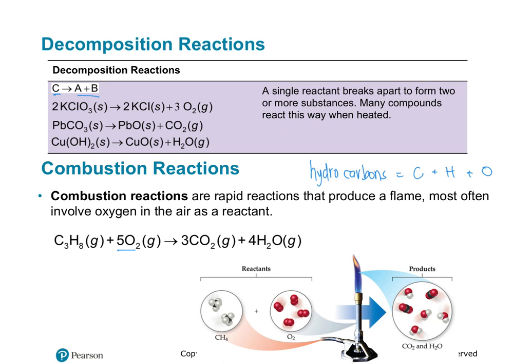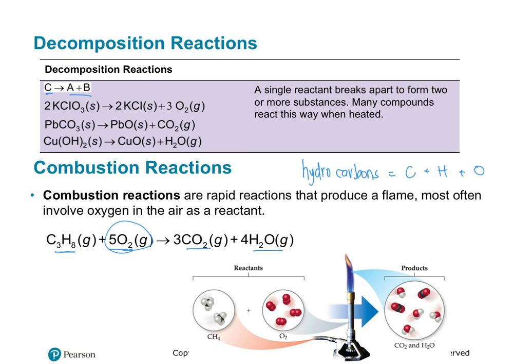And so these hydrocarbons react with O2. Oxygen is always a reactant in a combustion reaction. And then oxygen basically attaches to each of those hydrocarbons. So we get carbon dioxide and water if a hydrocarbon is our other reactant. This will always be the case that we have carbon dioxide and water.